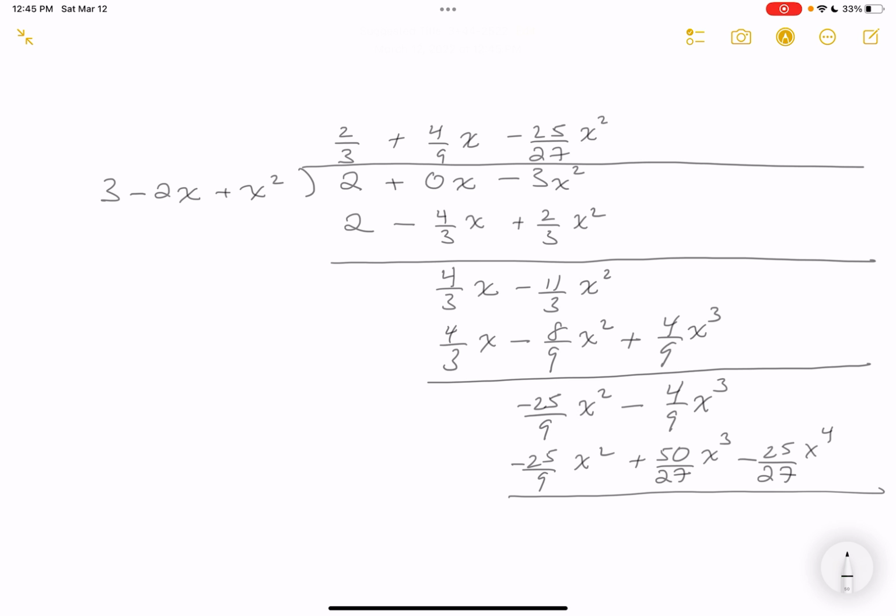So you get, let's write this down, minus 12/27s minus 50/27s, which is minus 62/27s x cubed. Let's not make the same mistake twice. I'm subtracting, so it's plus.